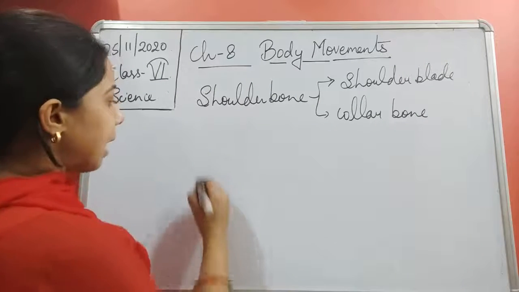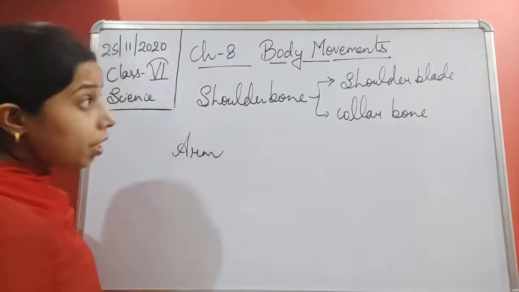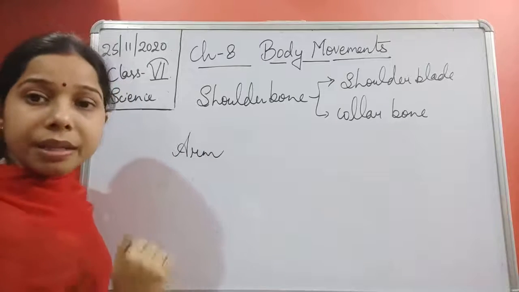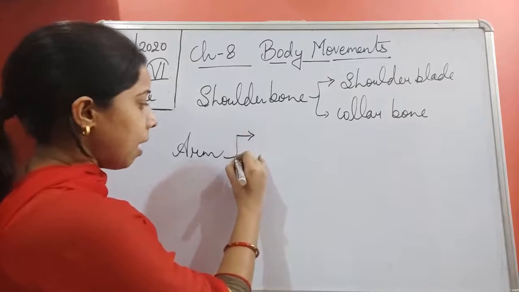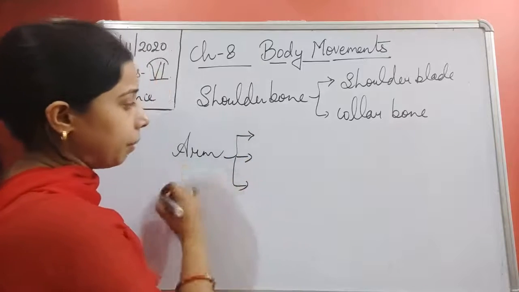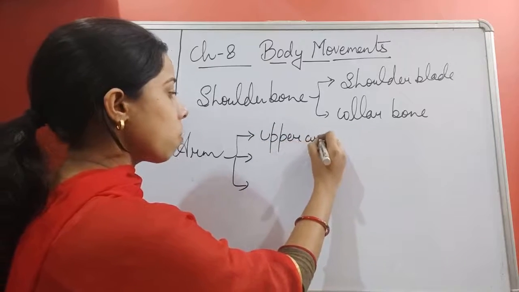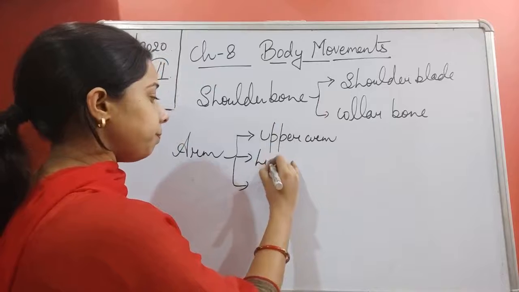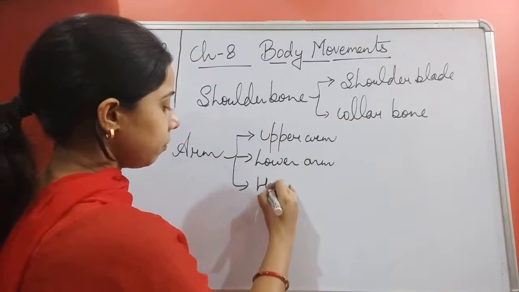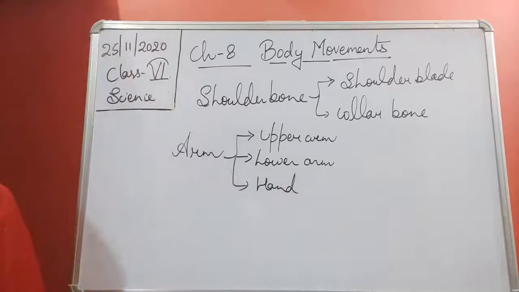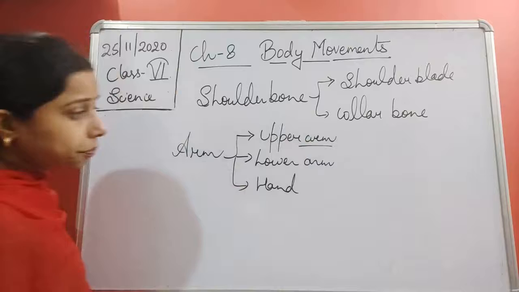Now the next part is the arms. The arm is divided into three parts, which we discussed yesterday: the upper arm, the lower arm, and the hand. What is the upper arm, students?